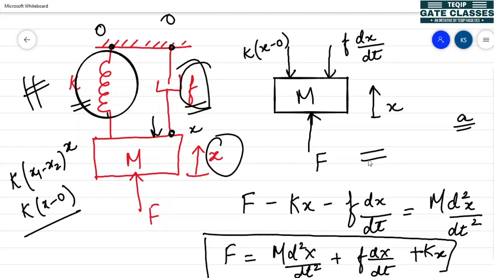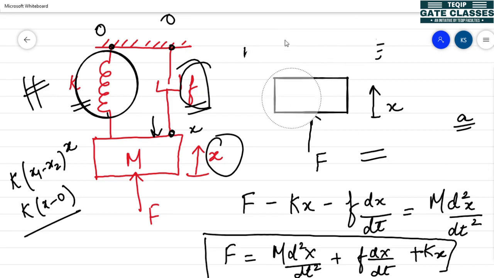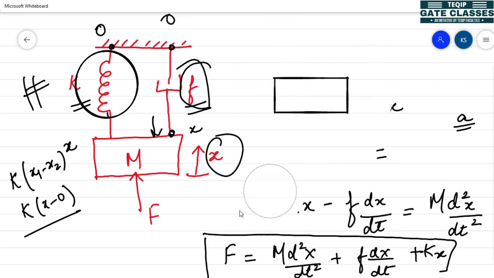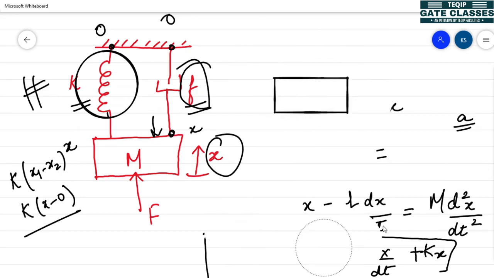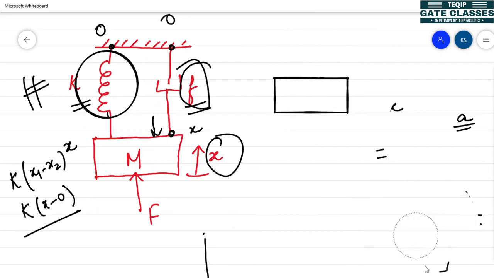This is the free body diagram for the translational system. We can also represent the system using a mechanical network. For that, you just have to identify the principal nodes. Principal nodes are always equal to the number of displacements.